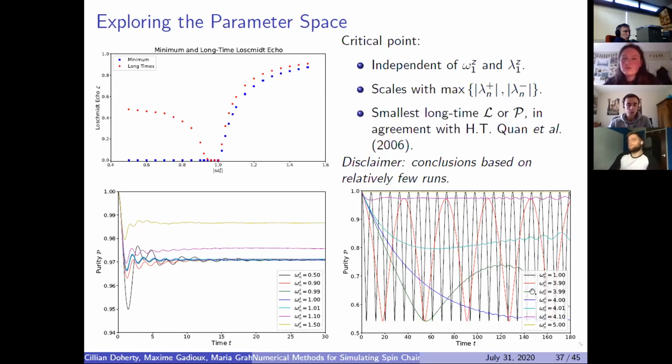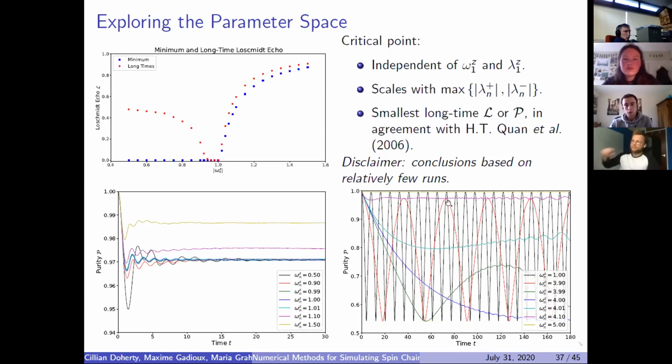We also checked at omega nz equals 1, and we see nothing particularly interesting. It's just oscillations similar to what we have at 3.9. So this suggests that there's only one critical point at omega nz equals 4. Note, however, that these conclusions are based on relatively few runs, so take everything with a grain of salt. But that's our best guess for now.